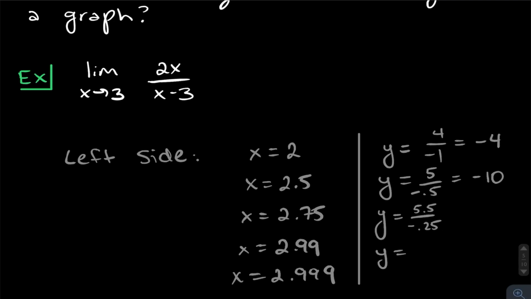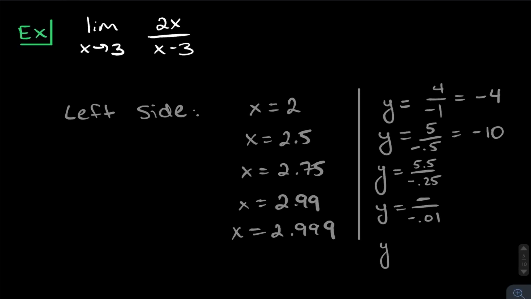If we plug in 2.99, we'll get something in the numerator here, but then we'll get negative 0.01 in the denominator. And if we have 2.999, we'll get something divided by negative 0.001, right?